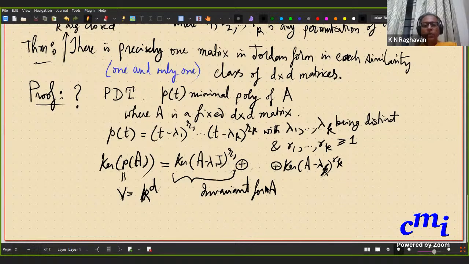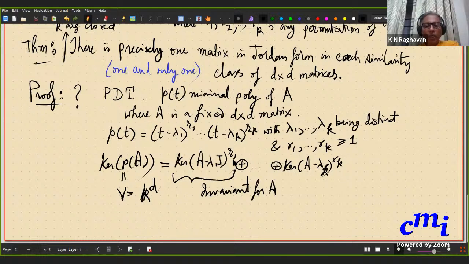Because this operator commutes with the operator A. This is a polynomial in A. Therefore that operator commutes with A. Therefore, if I take a v that belongs to the kernel of this and act A on it, the resulting vector, namely A times v, also will be in this kernel. These are invariant for A.